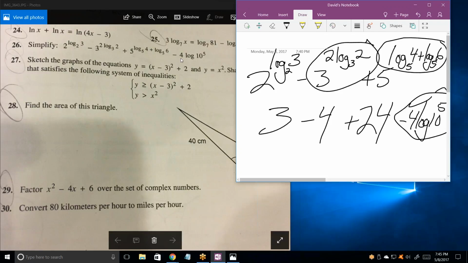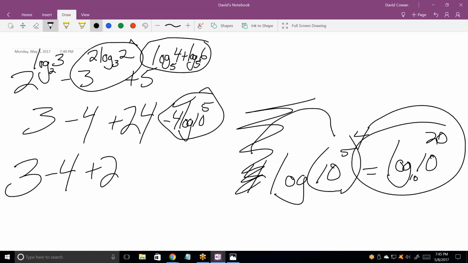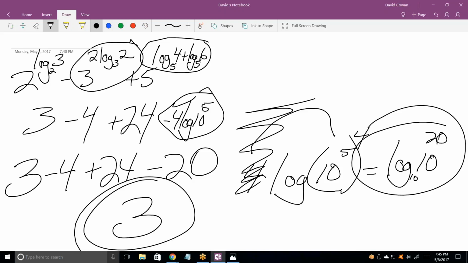No, it's minus. So it's minus 20. So this becomes 3 minus 4 plus 24 minus 20. So that's 3. Would that be 3? That'd be 3. Okay. That's the answer.